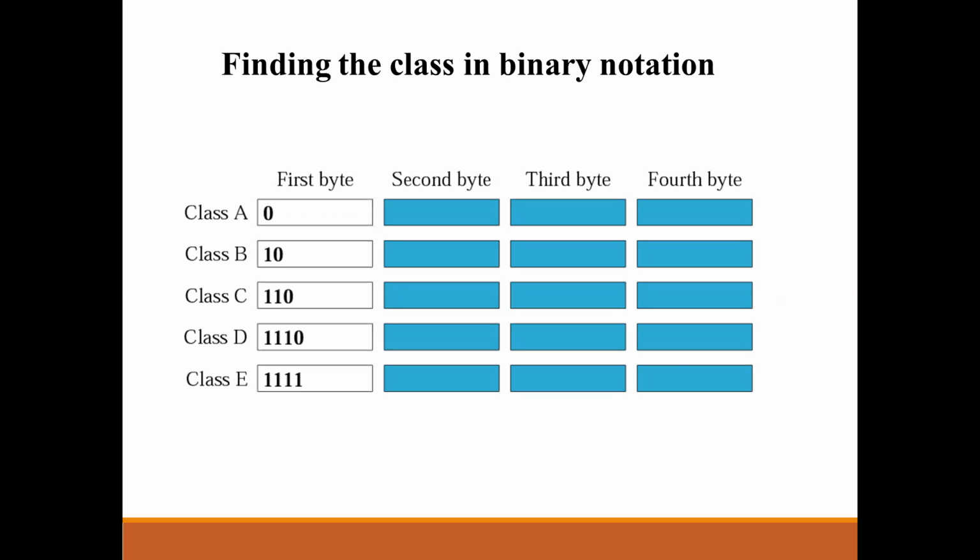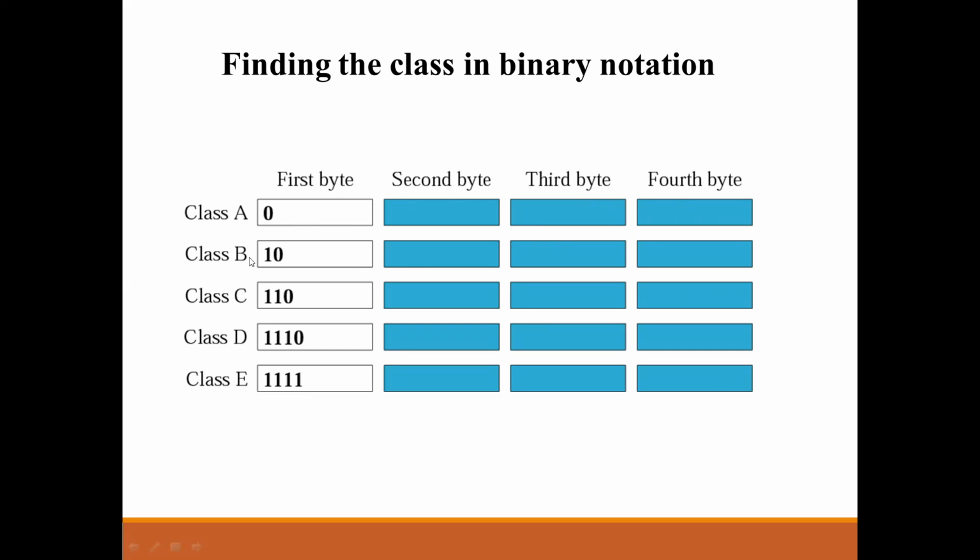Then you can see one more table in front of you, about finding the class in binary notation. How to find the class in binary notation? Here these 32 bits are divided into 4 parts, 4 bytes: the first byte, second byte, third byte, and fourth byte.